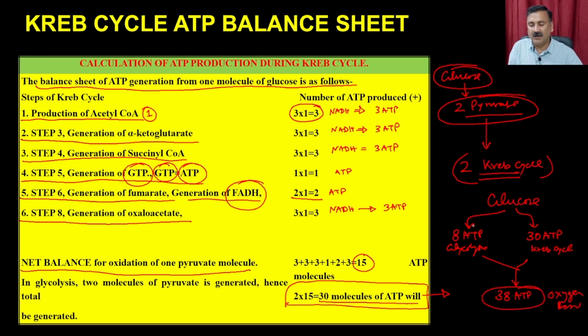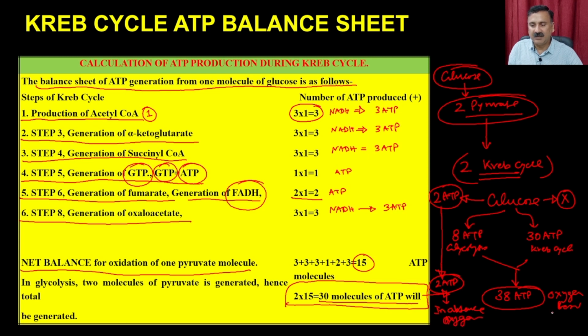Now, if the oxygen is not present, then the glucose is going to give you 2 molecules of ATP, and there will be no Krebs cycle because oxygen is very important to run it. This means you are going to have 2 ATP molecules if there is no oxygen present.